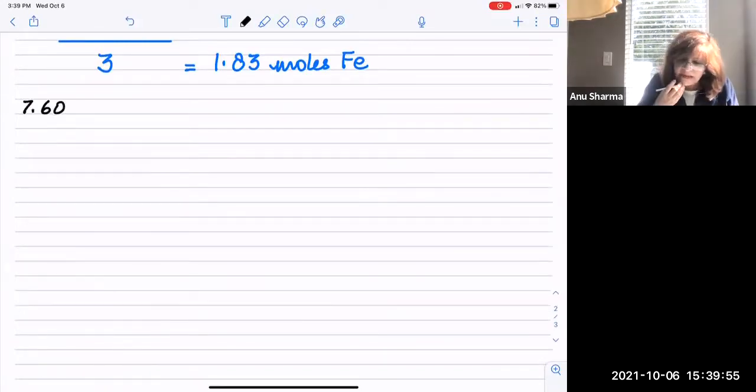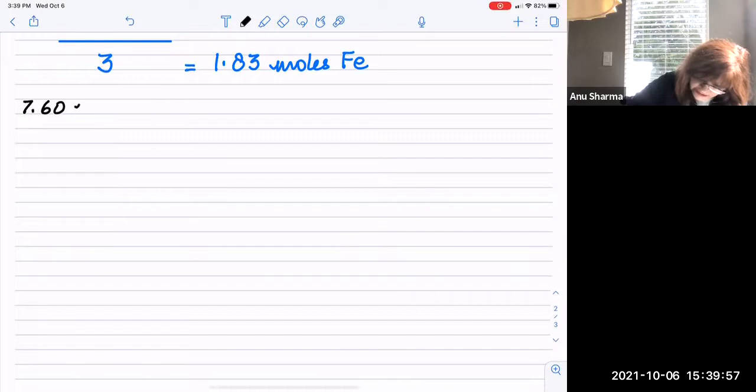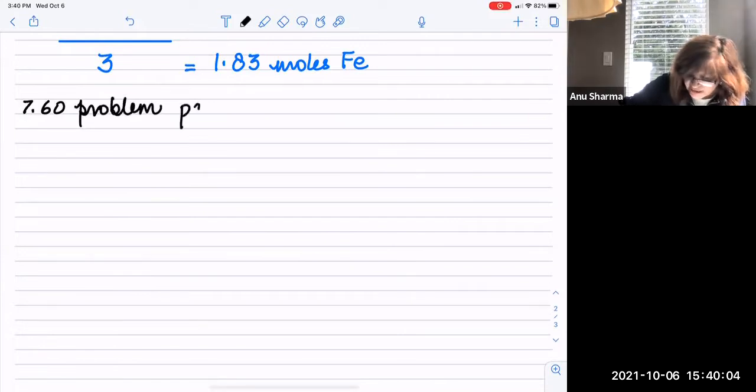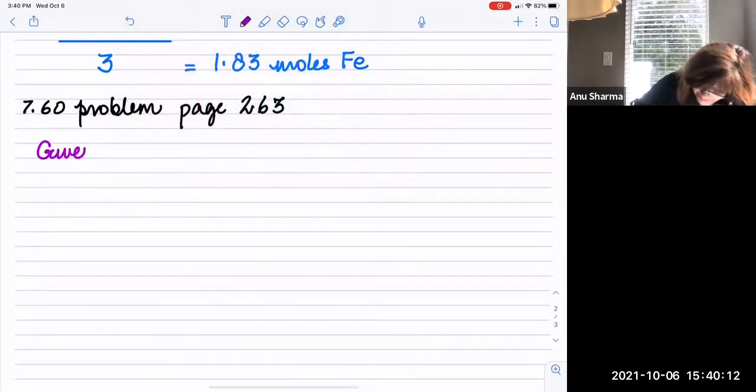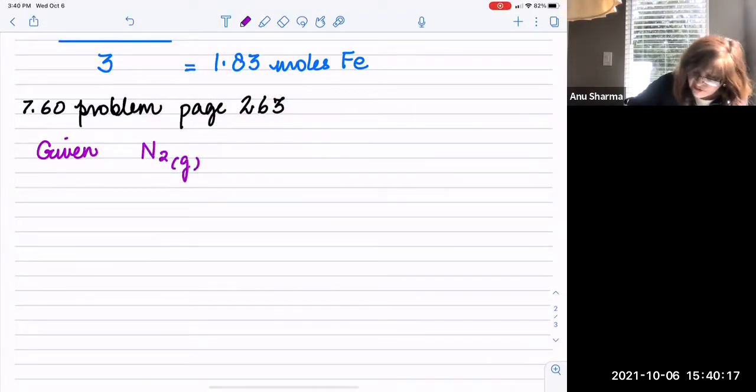7.60. This is the problem from the section, and this is on page 263. So here you are given this reaction, N2 as a gas reacting with 3 moles of hydrogen as a gas, and this gives you 2 moles of ammonia, NH3, as a gas.